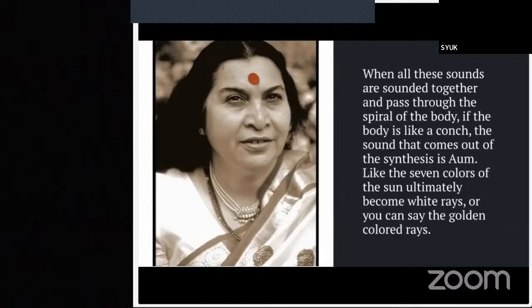When all these sounds are sounded together and pass through the spiral of the body, if the body is like a conch, the sound that comes out of the synthesis is Om.